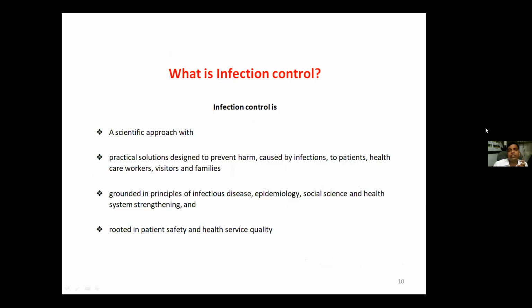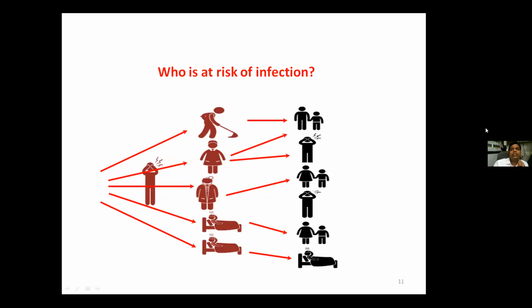Now, let us understand what infection control is. It is a scientific approach based on practical solutions designed to prevent harm to patients and healthcare workers, which is grounded on the principles of infectious diseases and rooted in patient safety and quality. Now, who is at risk of infection? Everyone is at risk of infection.